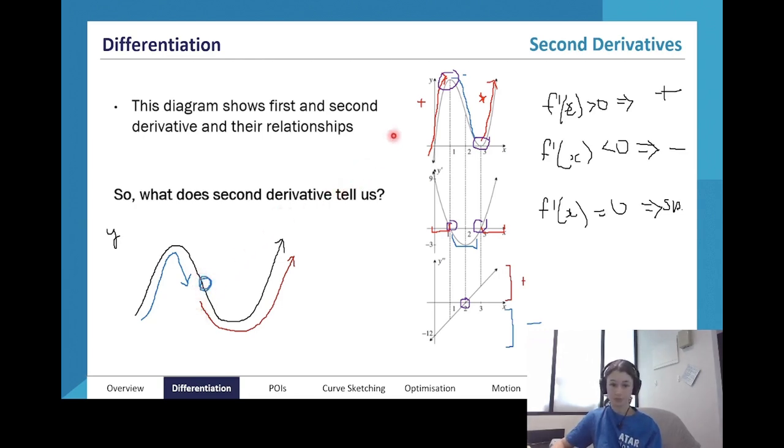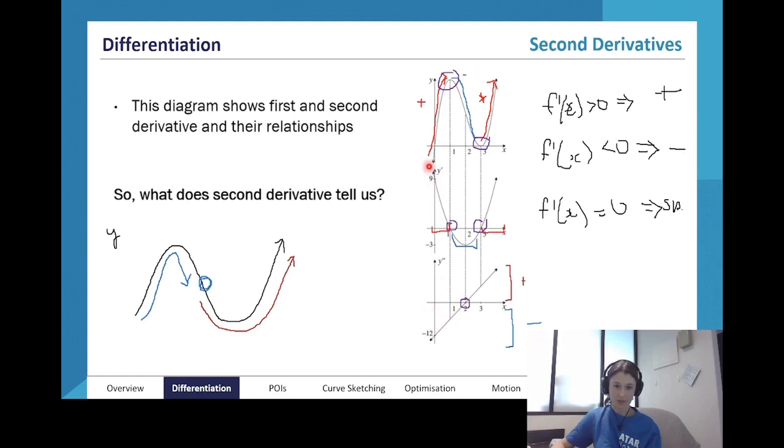So if you have a look back over at our diagram over here, we're looking again back at our initial function related to our second derivative. Our second derivative is negative, so it's in this negative section.